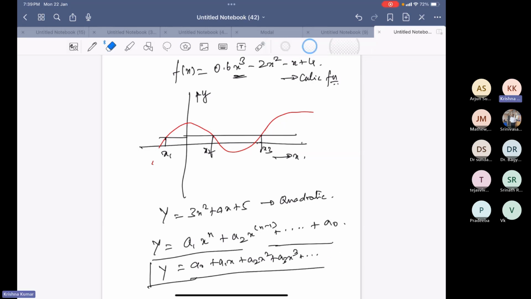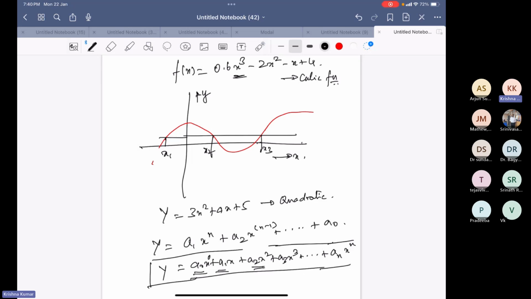I wanted to explain something else. Plus a_n x power n. So I can write it something like this, where every term here is present. So you can see, actually this is x power 0, and x power 0 is 1.